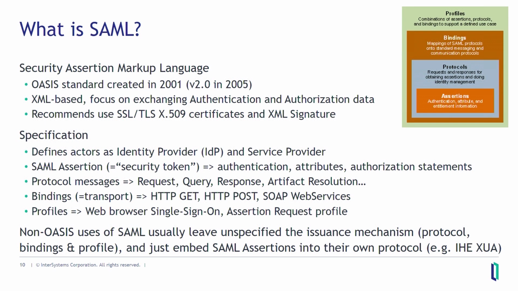And so if you take for example, the IHE profile XUA is just saying in some message you're going to put in a SOAP header, you're going to put a SAML assertion. It's not going to say how you got it, who were the entities, what kind of transport interfaces you use to get this SAML assertion in the first place. It's just going to say, put it there, and somebody else on the other side is going to have to verify it.